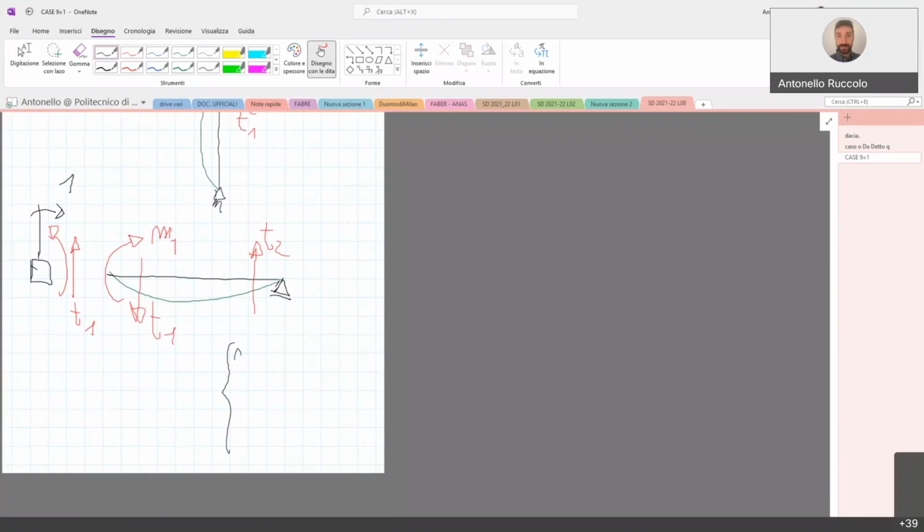M1, T1, and T2 in this case. Well, M1 is 3 iota over L times iota over L, and T1 is equal to T2 for the vertical equilibrium of the beam, and it is 3 iota over L to the power of 2.